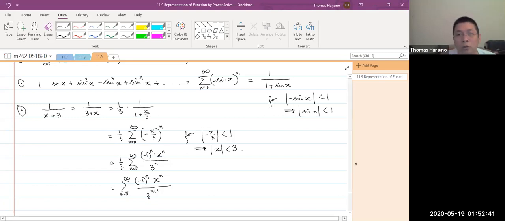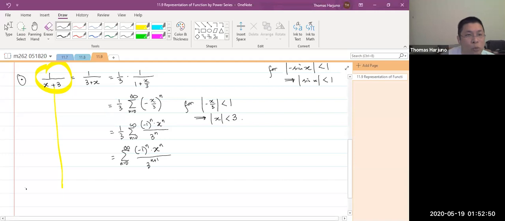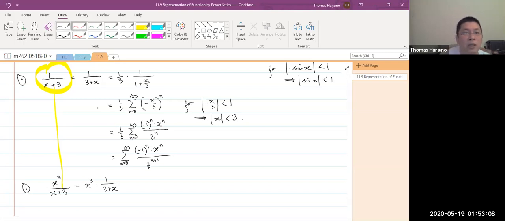Okay, now continue from that example. Suppose I have instead, let's say, x cubed over x plus 3. Well, we see this as x cubed times 1 over 3 plus x, right? But this thing here is something we already did earlier.